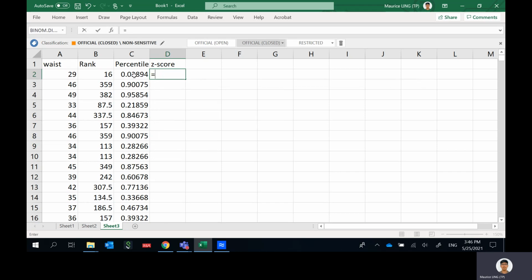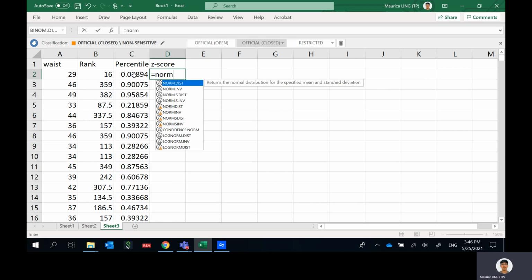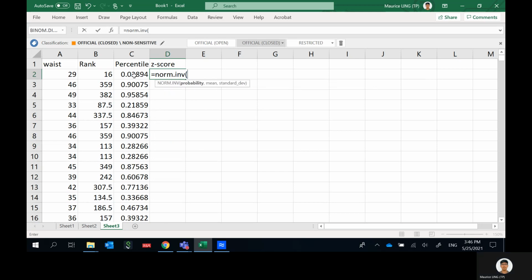Just type in the normal inverse function, click on the percentile. The mean is 0, the standard deviation is 1. Later I'll explain to you. So that is the Z-score.